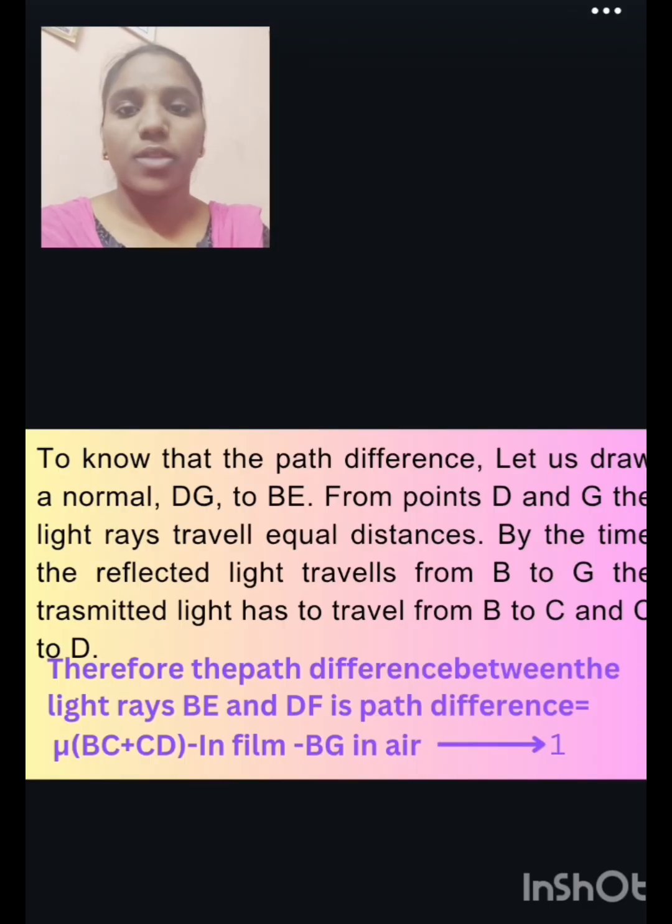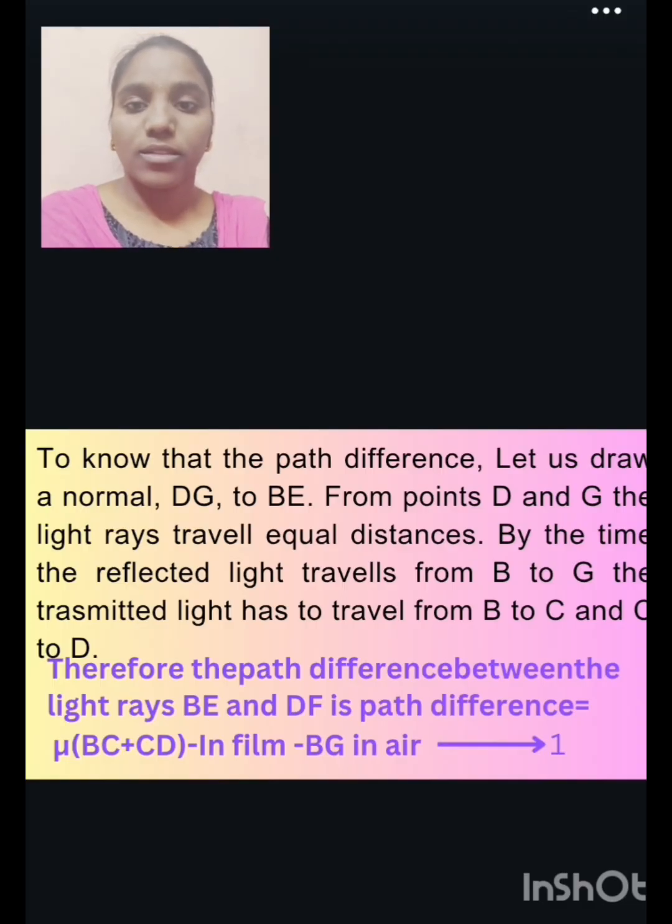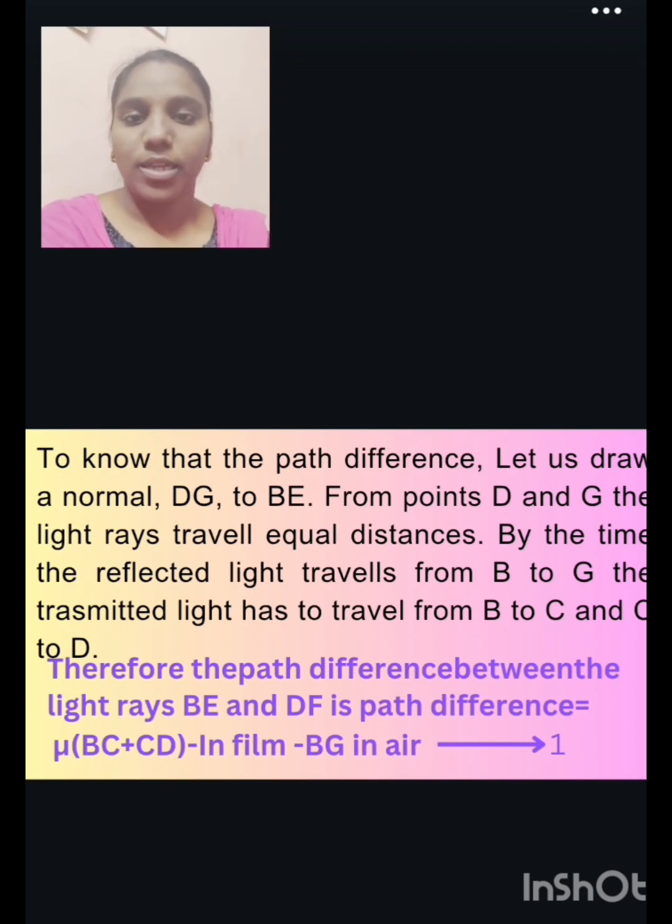By the time the reflected light travels from B to G, the transmitted light has to travel from B to C and C to D. Therefore, the path difference between the light rays BE and DF is equal to mu, the refractive index, into BC plus CD in the thin film, minus BG in air. That is equation 1.